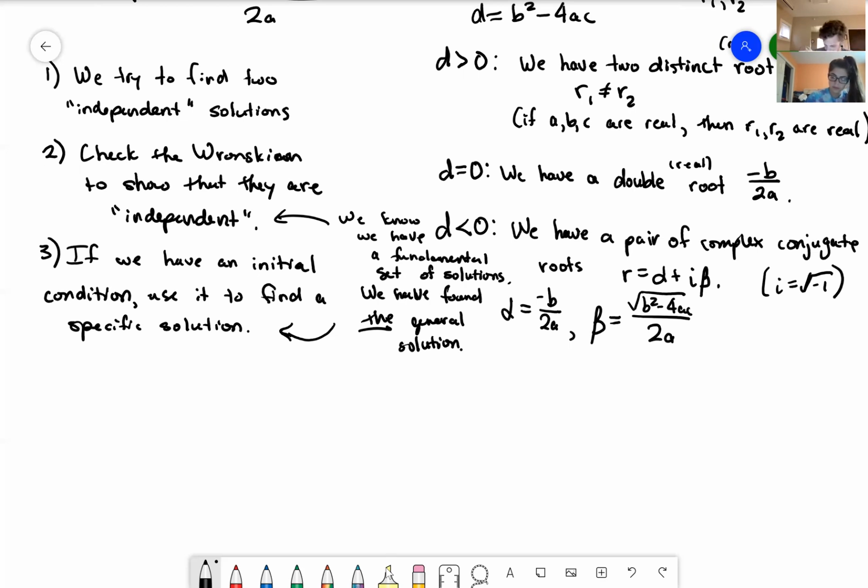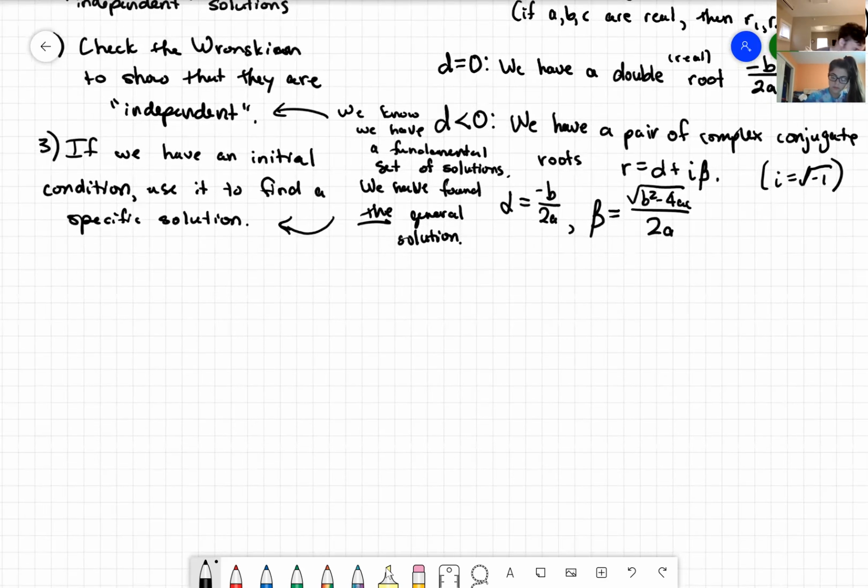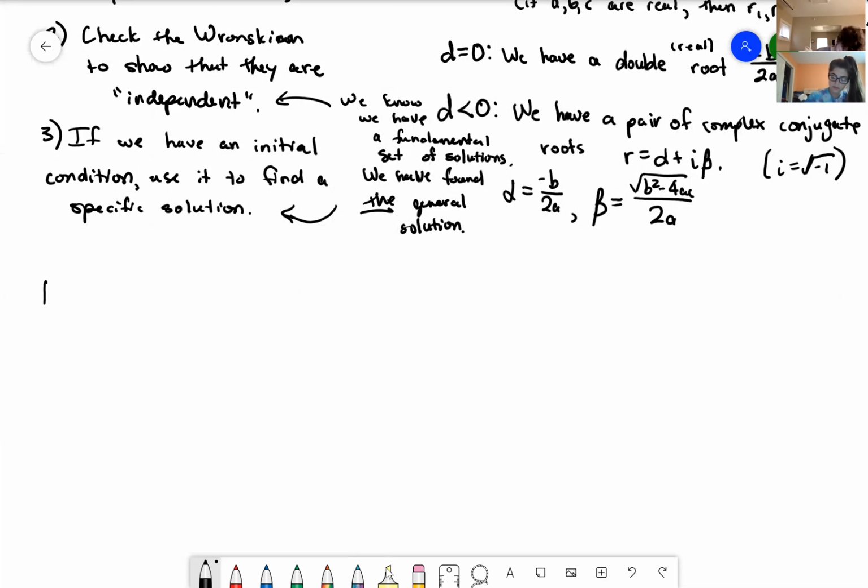Okay, so in the first case, this is the case of two real, I want to say this first, two distinct real characteristic roots.